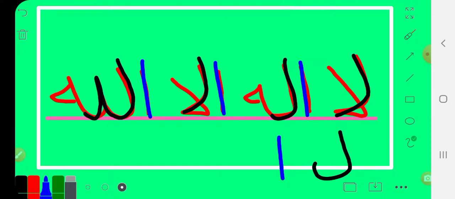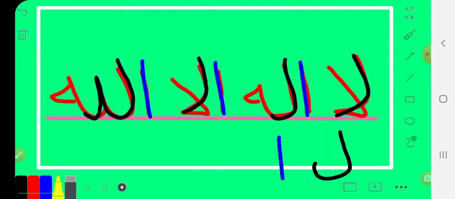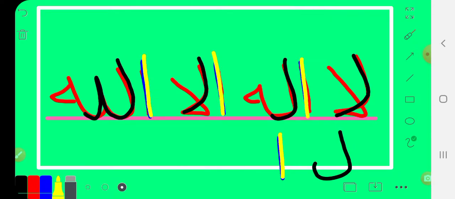Okay, we'll just do that again. So the 3 alifs, that's straight down. Okay, alif is that one, 1, 2, 3. And the ones that are on an angle, that happens when it's attached to the lam, as you can see.